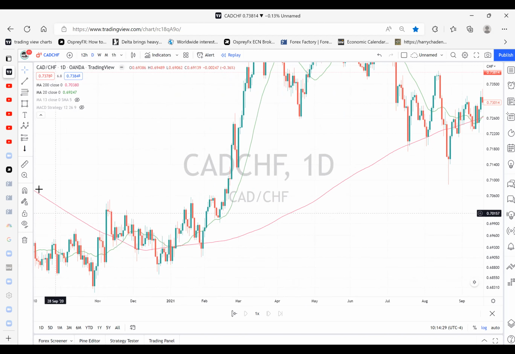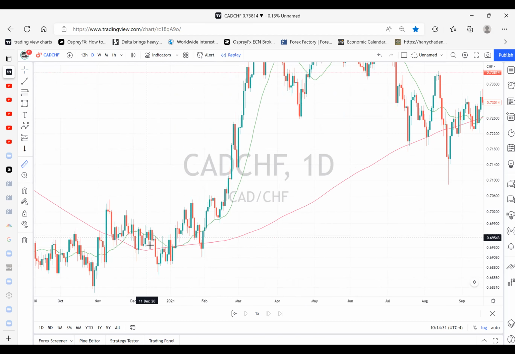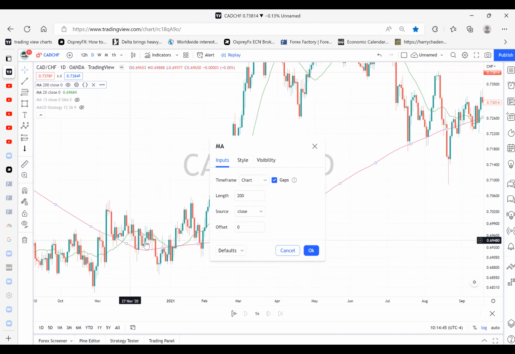Now, pip-wise, this is a daily chart, guys. Pip-wise, this is anywhere from 131 pips to, let's just call it, 150 pips. But it's still a narrow state.